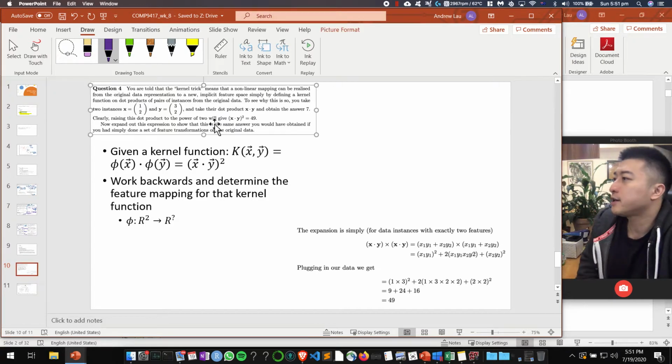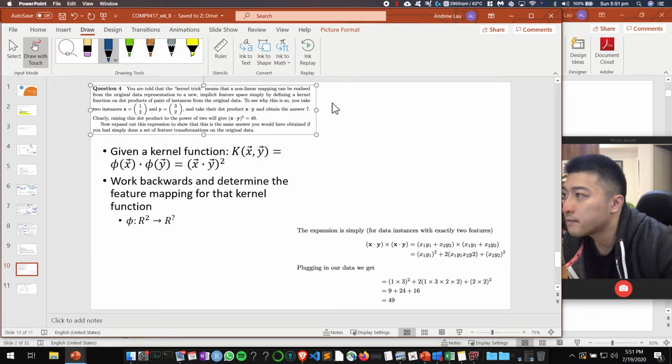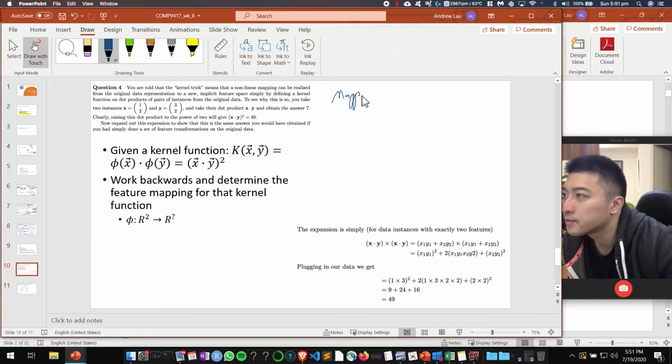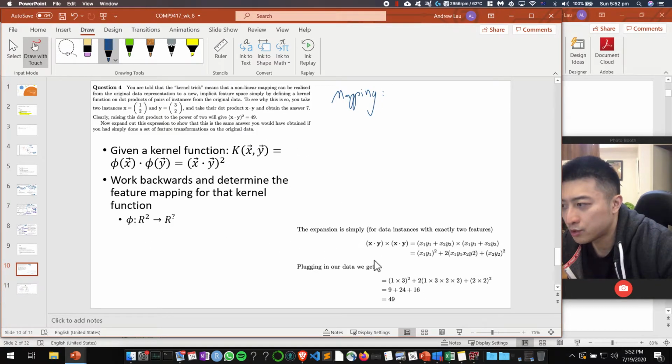So effectively you're being told you have some kind of mapping, right, and in this case it's from, where is the mapping? Oh, it's not so much a mapping, is it? Yeah. You're told the kernel trick, blah blah blah. Okay, this is you take.